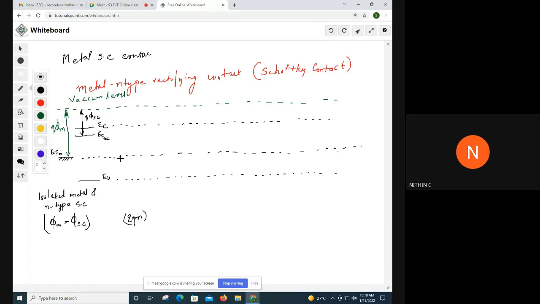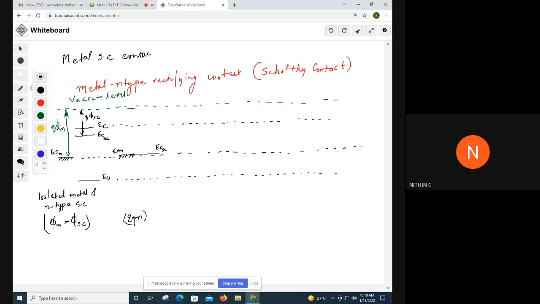So I will draw EFM over here. This is your EFM. And since this is equilibrium, EFM and EFSC will be lying on the straight line.